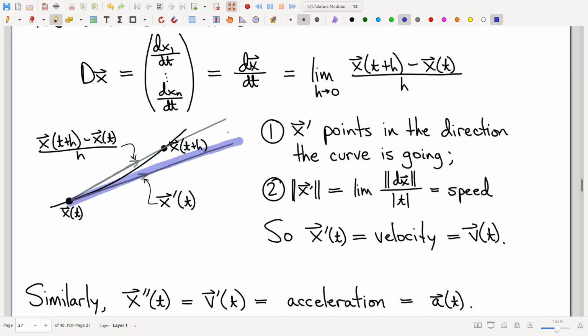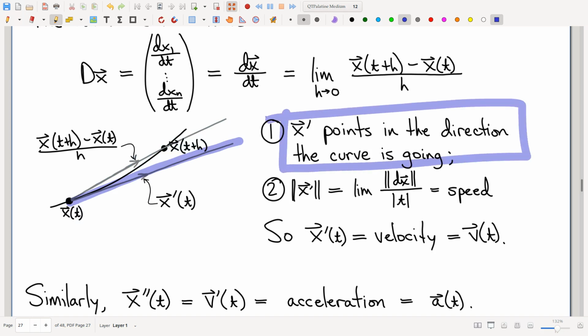So the direction that this derivative vector will point in the limit is whatever direction the curve's pointing. Whatever the direction of motion is, keeping in mind this is a point that's moving along the curve. So whatever direction that point is moving at that instant, that's the direction the derivative's going to point. Everybody buy that?